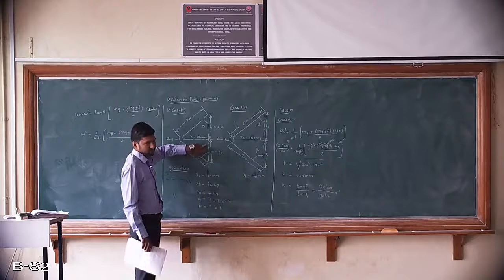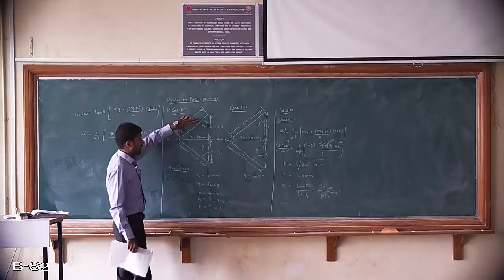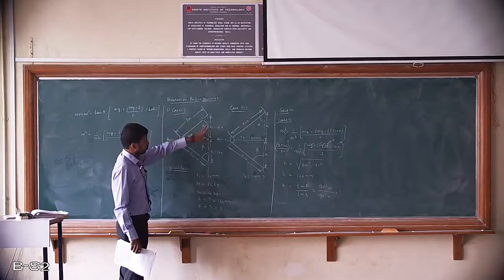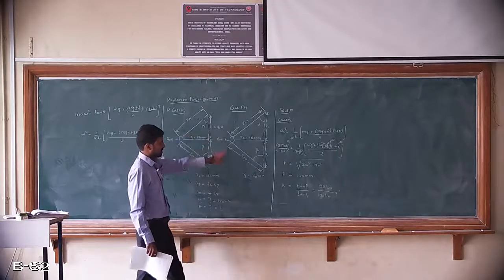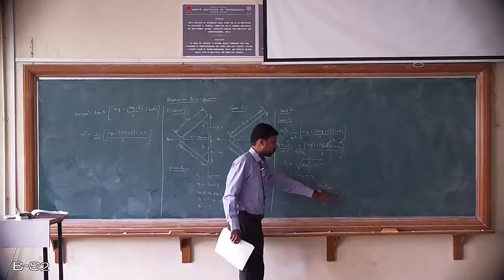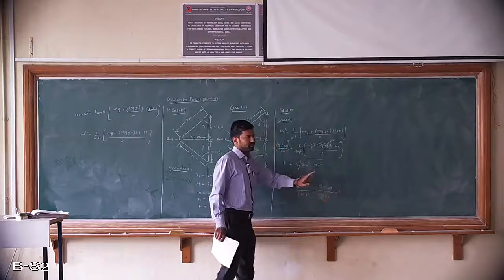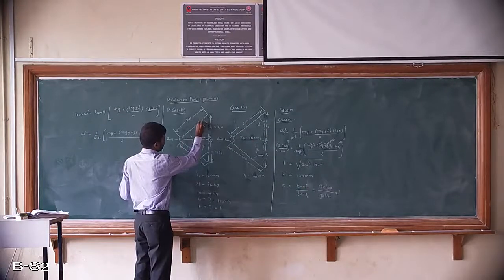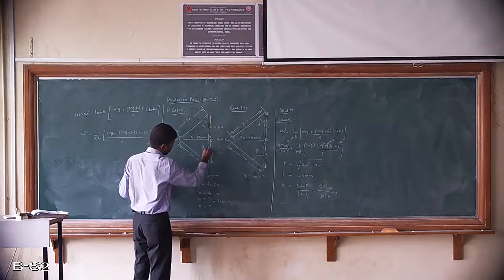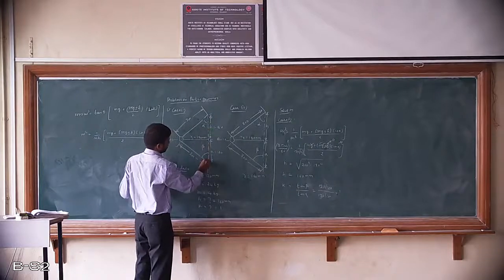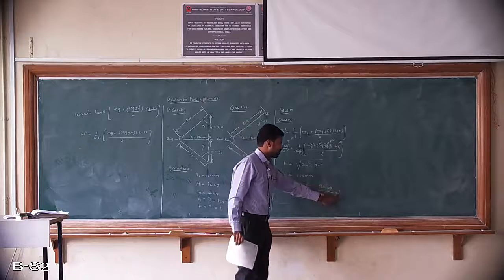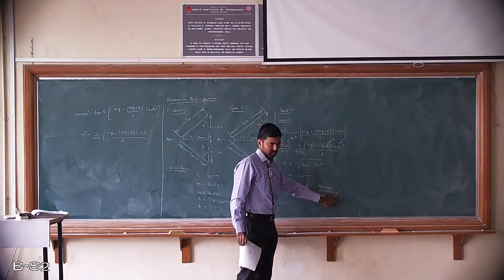Very, very important thing, please remember: if the arms of the governor are directly pivoted to the axis of the governor, then always the value of k will be 1 only. In this case the upper arm and lower arm are directly pivoted on the axis of the governor. So without calculation also you can write the value of k as 1.